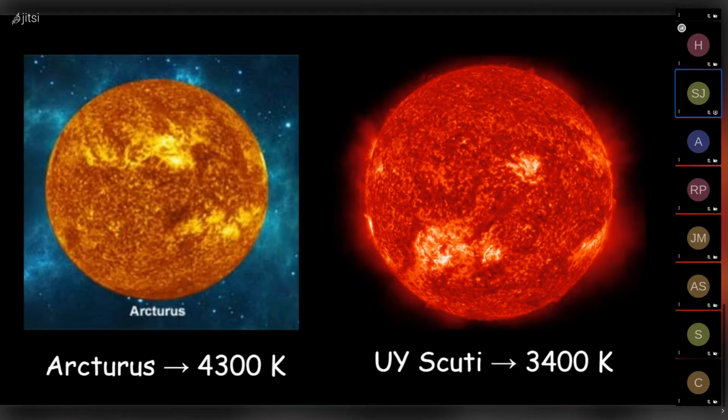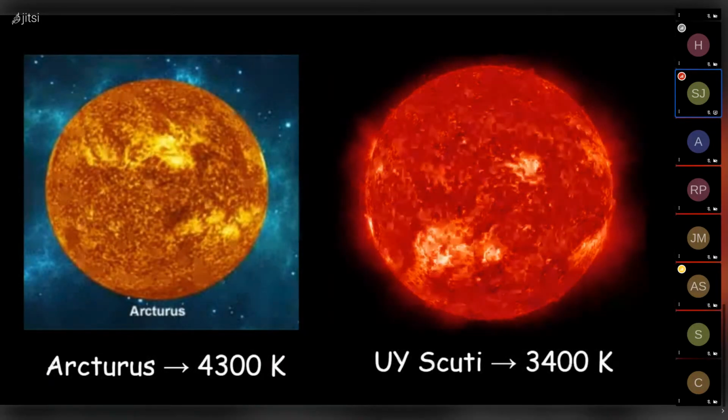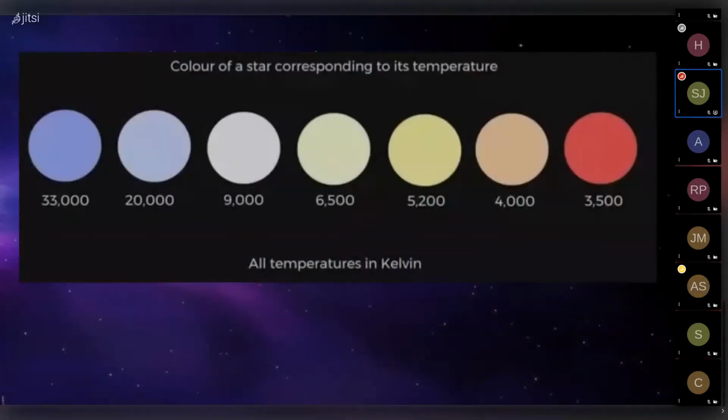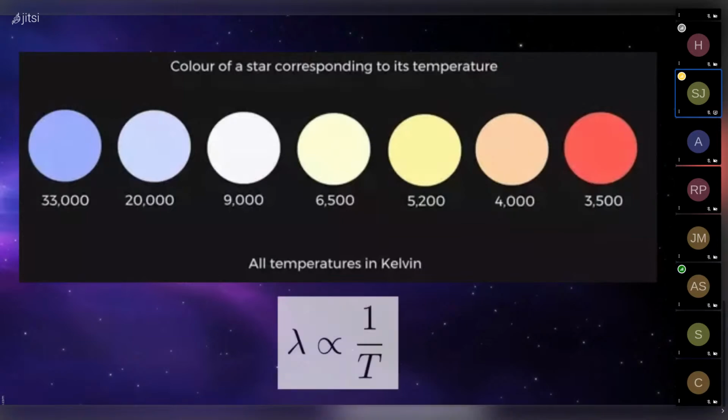And then as the temperature came to 3,400 Kelvin, the color became red. So as the temperature increased, the wavelength of the radiation emitted by stars decreased. So we can say that lambda, the wavelength of radiation emitted by the stars, is inversely proportional to the absolute temperature.